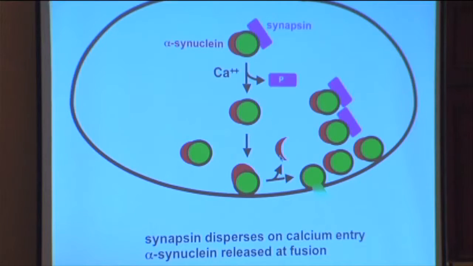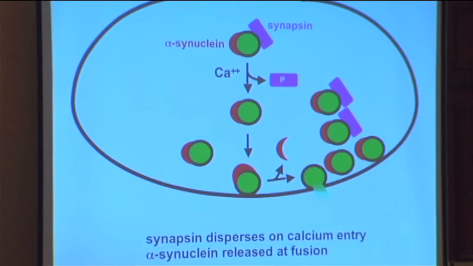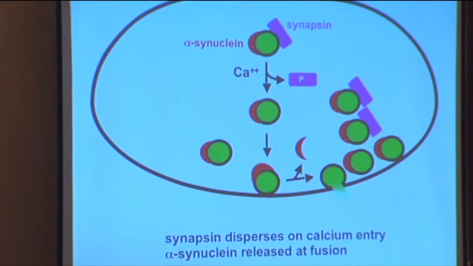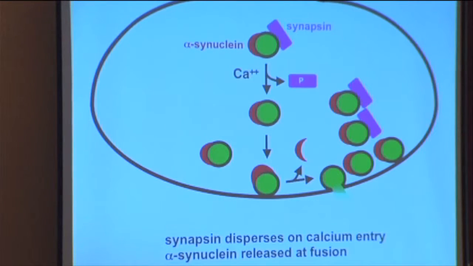So we can do these experiments very precisely, and we can find out exactly when synuclein is coming off, and we can manipulate the system to figure this out. There are other proteins that also disperse from synapses with electrical stimulation. But synuclein is different in that when it comes off and disperses, it comes back unbelievably slowly.